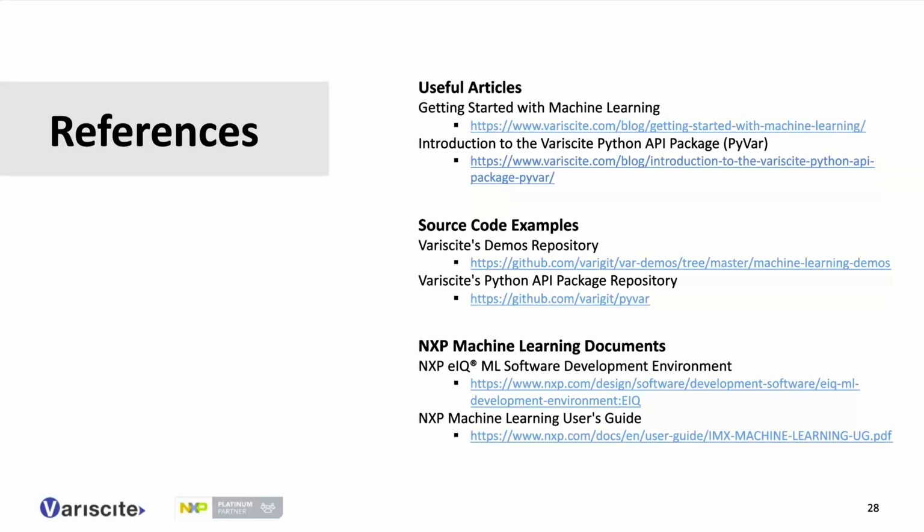We have several source codes actually that you can use. It's for free. We just did it for your needs, to help you. We also have the links for NXP where you can learn more about that, and also the user guide for machine learning from NXP.